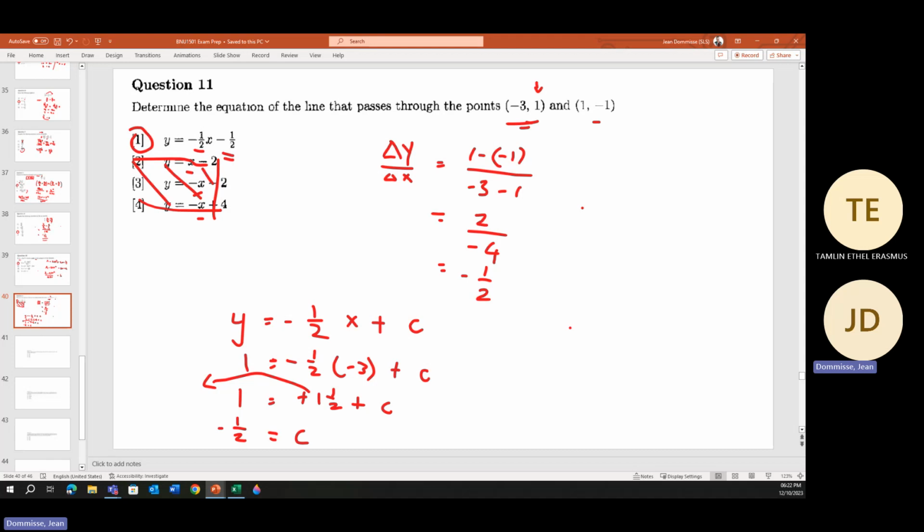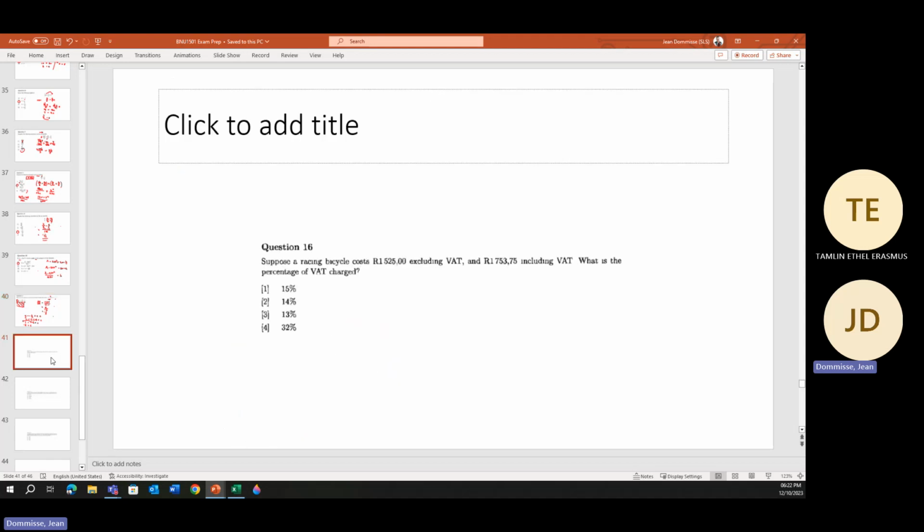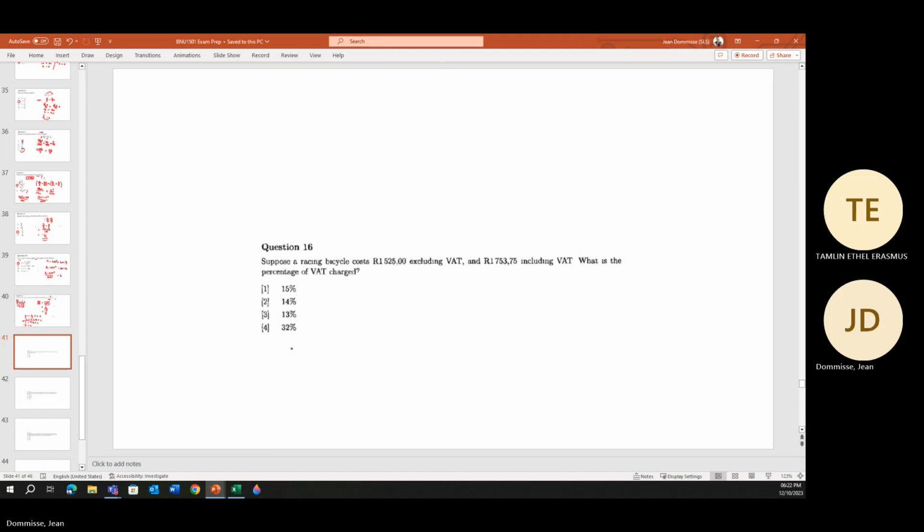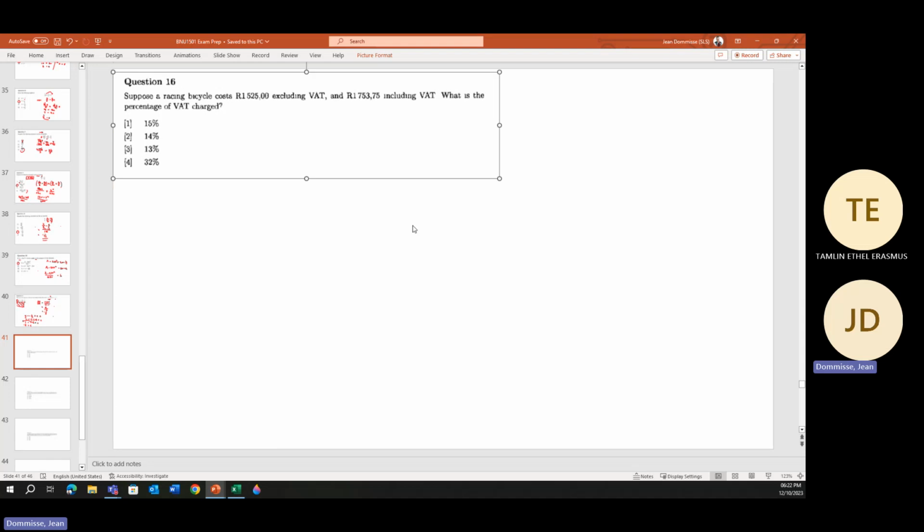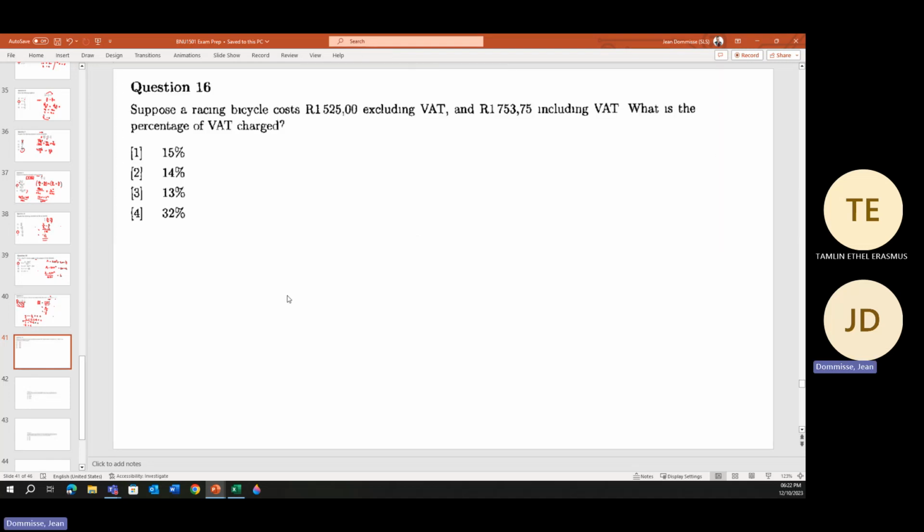Okay, so let's go into the next question. We've got a few more. This one was looking at a racing bicycle that costs an amount excluding VAT, and then another amount including VAT. What is the percentage of that?